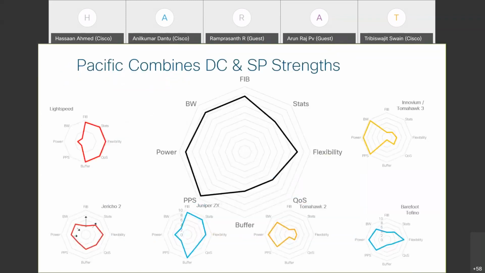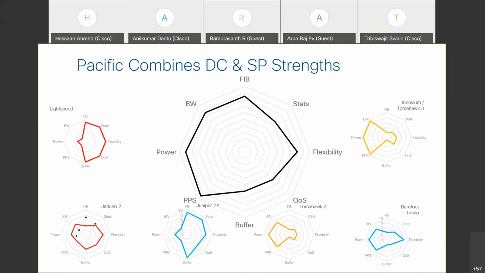Just as an example, say we have the Lightspeed chip in ASR 9K on the extreme left, and you have the Tomahawk 3 or the Innovium chip on the extreme right. The Lightspeed chip is custom made for edge routers or routing applications, while the Tomahawk 3 or the Innovium chip is customized for switching, data center, or web scale customer applications. But each of these chips compromises or has a strength in a few domains.